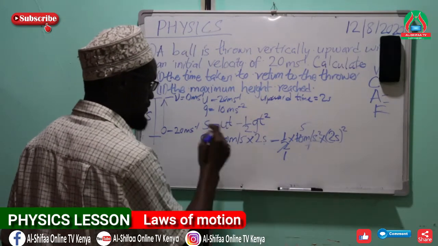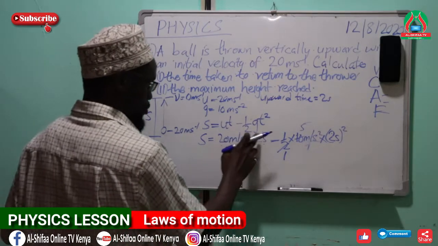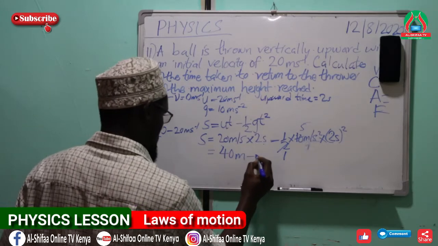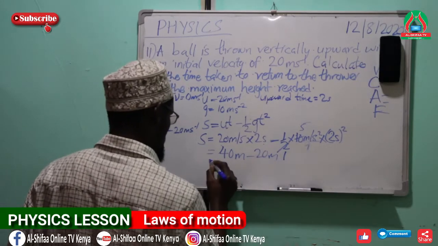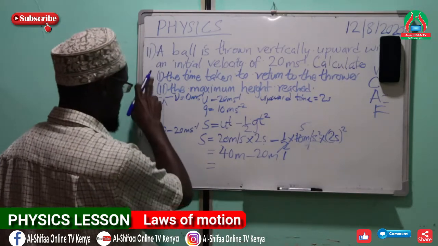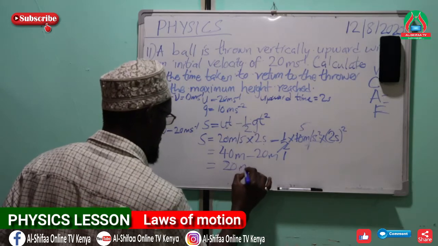Then here we'll be having 40 meters minus 20 meters. So we'll find that our distance, or the height, is equal to 20 meters.